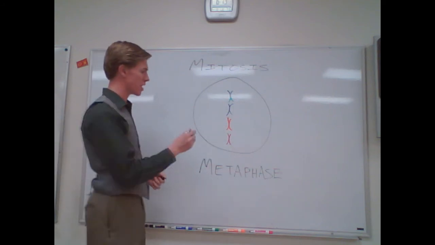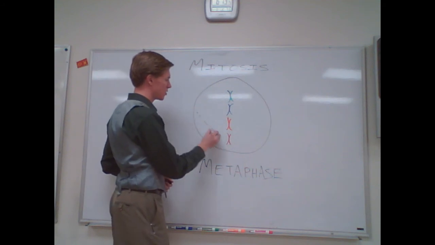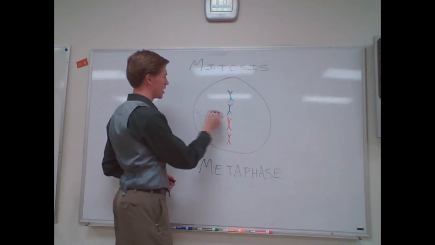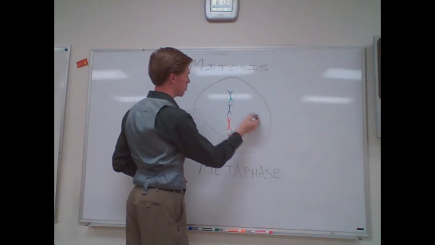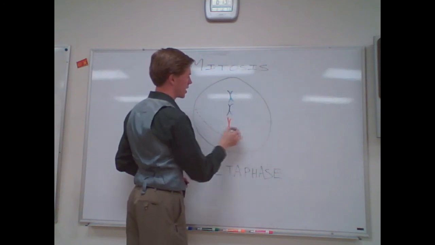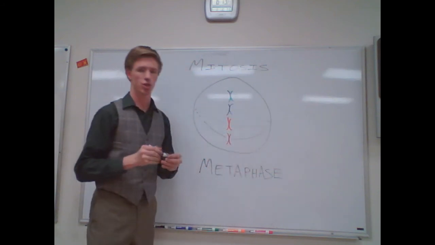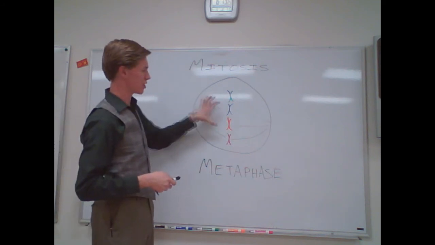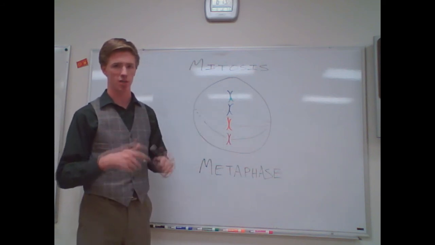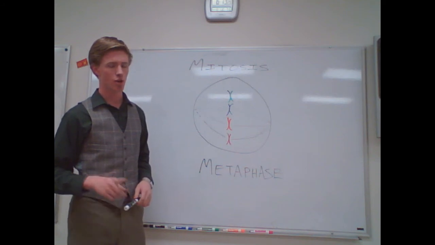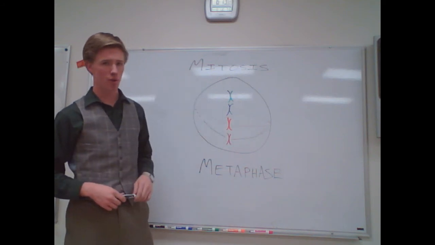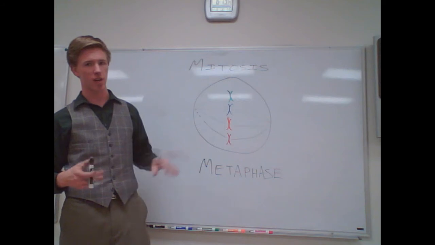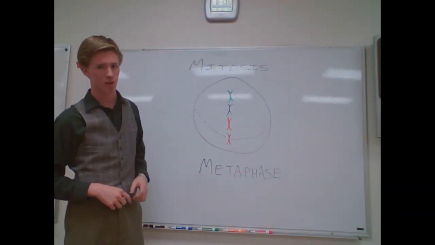The way they do this in metaphase is your cell sends out these little tiny strings called spindle fibers. It's kind of like Spider-Man shooting out a web from the edges of the cell to grab your chromosomes right in the middle, okay? So, we now have prophase and metaphase all part of mitosis.